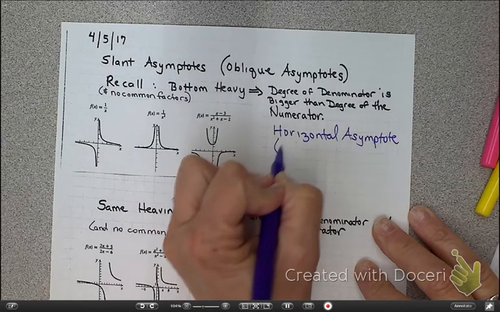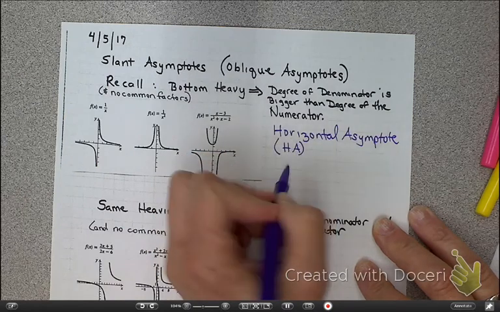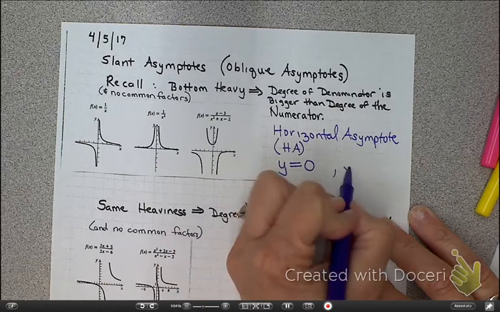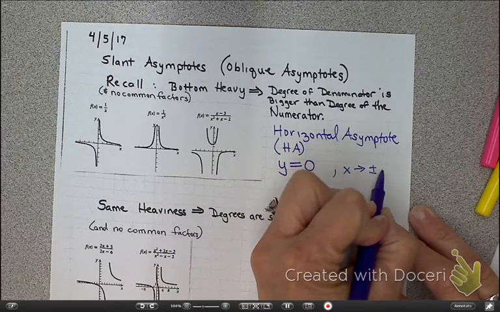And we'll call that HA, and that horizontal asymptote is always y equals 0, always, and that's when x approaches either positive or negative infinity.